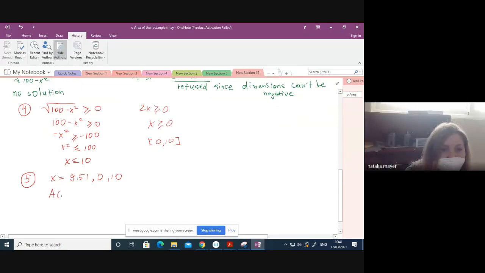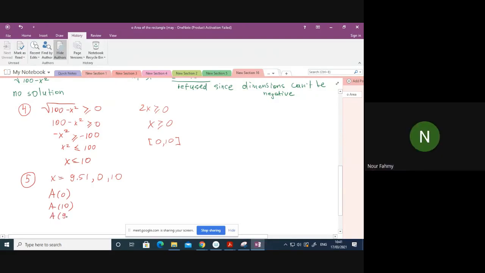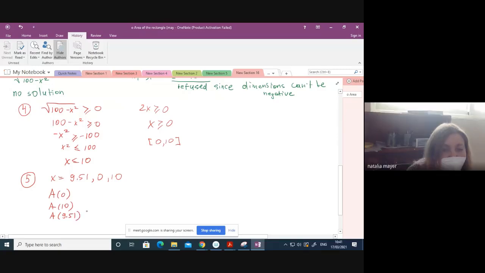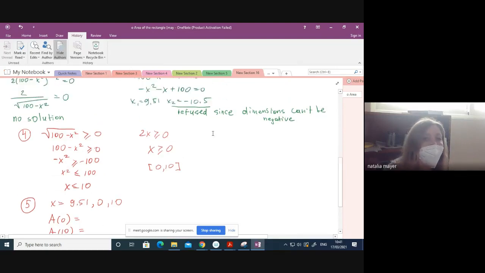Someone is doing a of 0. Nur Fahmi is doing a of 10. I see, it was 0. And Mo is doing a of 9.51. You're doing 10. Guys, quickly. So I need these 3 values. I see the initial equation. You didn't take any notes, right?